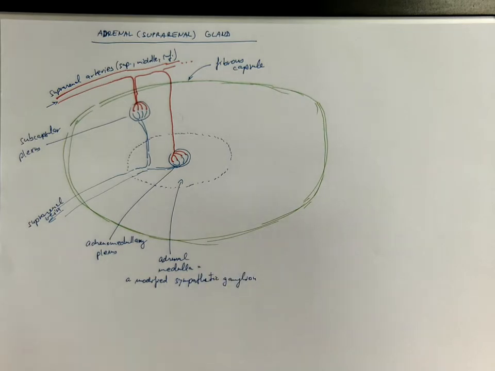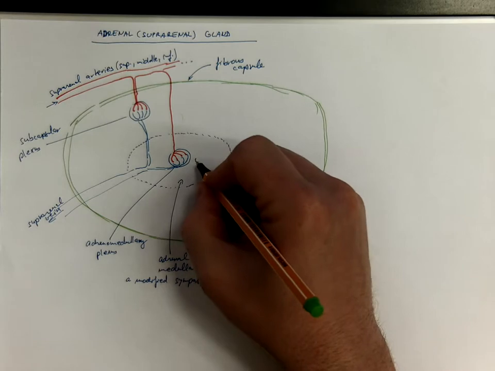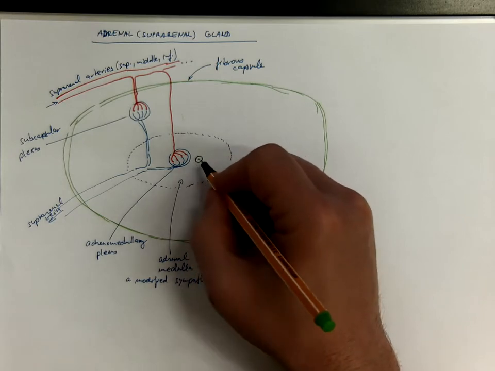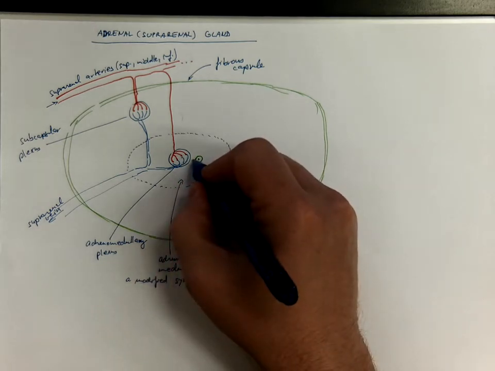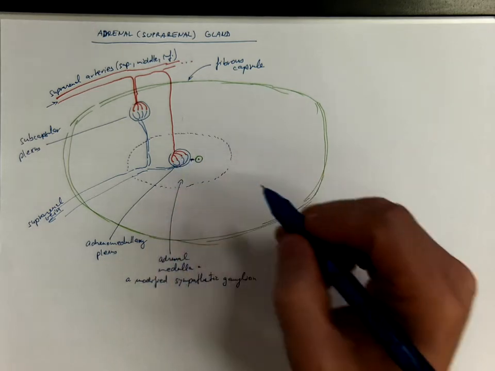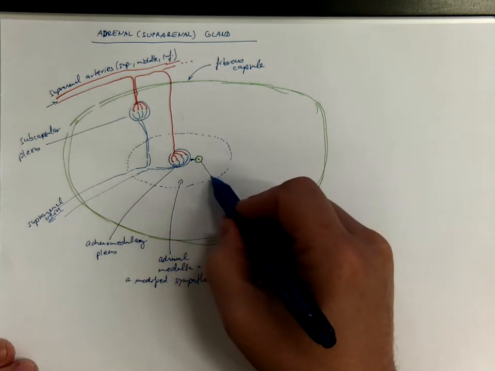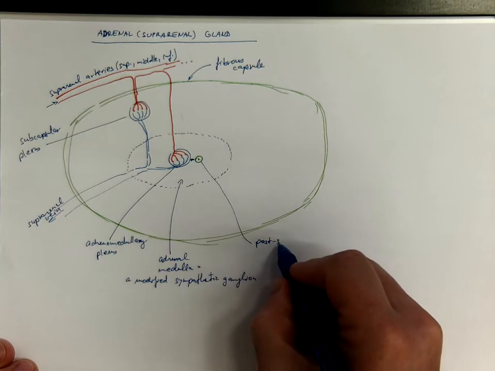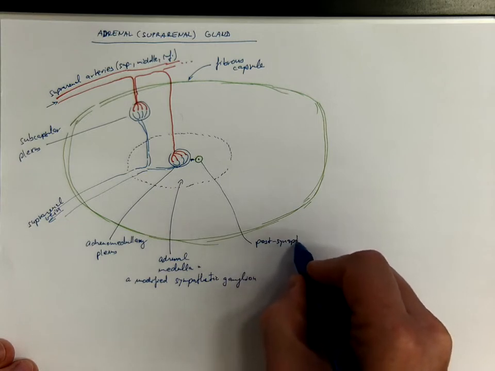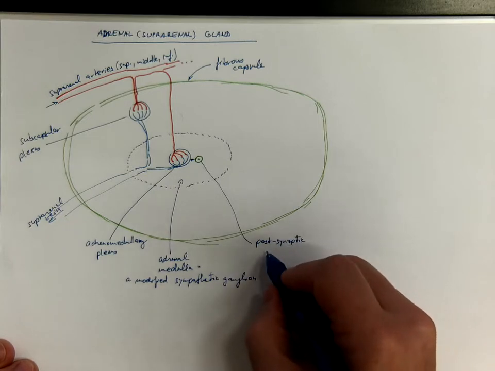We got neurons here that do not have processes, but they produce hormones into this capillary plexus. These are post-synaptic hormone neurons.